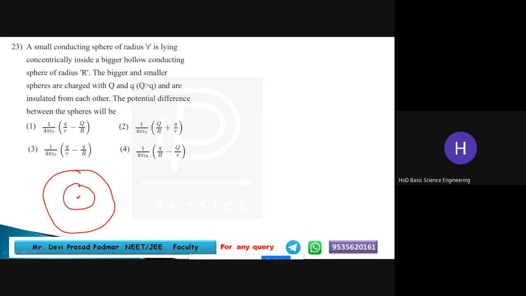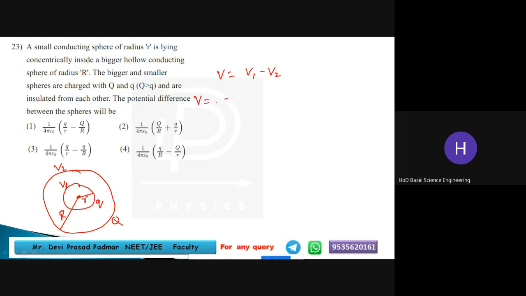One is of radius r, and one is of radius capital R. In this, the charge is q, and in this, the charge is capital Q. Now you have to consider the difference in potential. Inside, the inner one has some potential V1 and the outer has potential V2. So the difference in potential means V1 minus V2 you can consider. Okay, V1 minus V2.